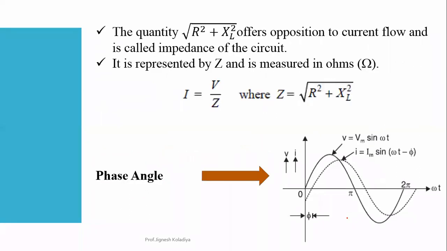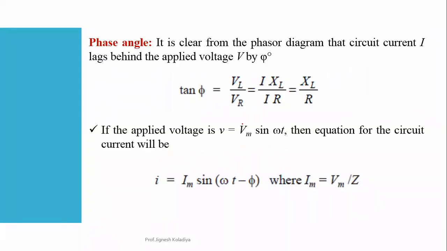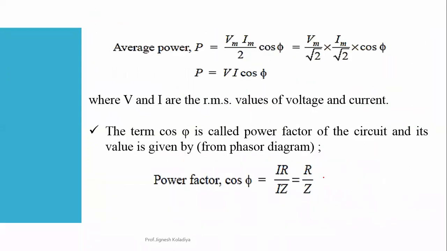If you put VL equal to I into XL and VR equal to I into R, you will get XL by R. So tan phi is equal to XL by R, and cos phi is equal to R by Z. Both the values are available.